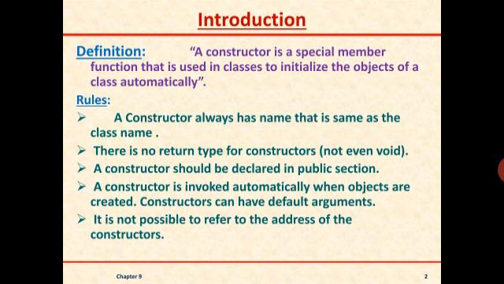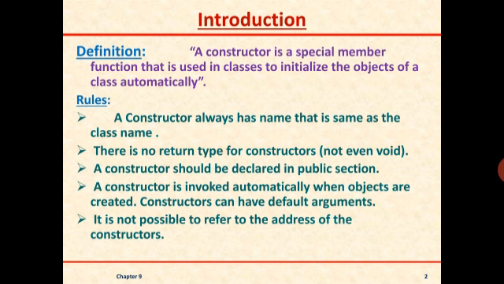Rule number 1 states that a constructor always has the same name as that of the class name. Second rule is there is no return type for the constructor. Means we are not going to even write the void return type for the constructor.